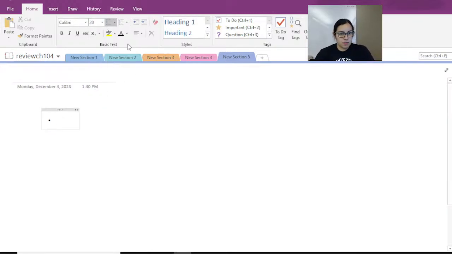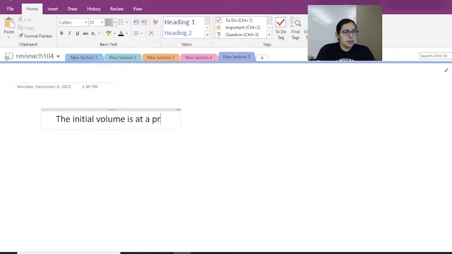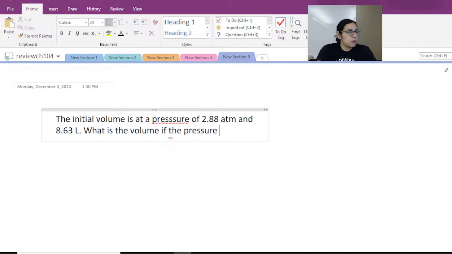So we have the initial volume at a pressure of 2.88 atm and 8.63 liters. What is the volume if the pressure is increased to 5.21 atm?